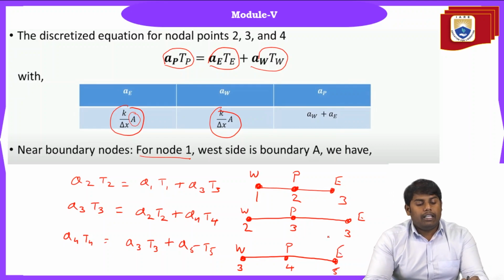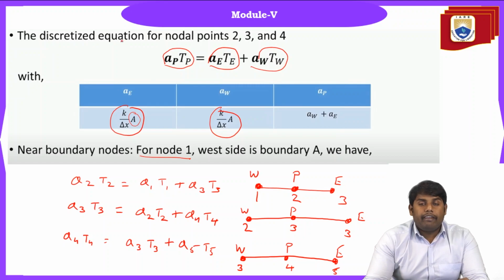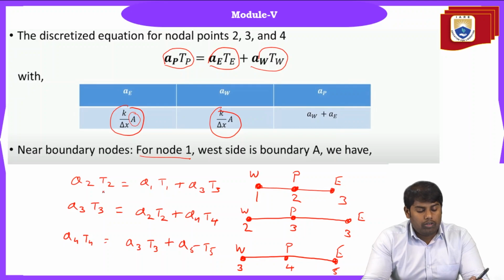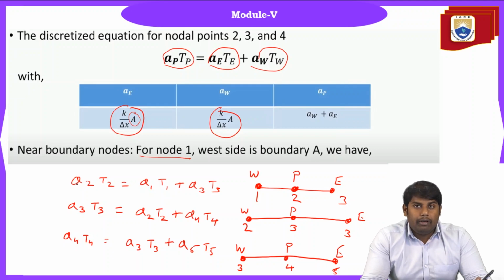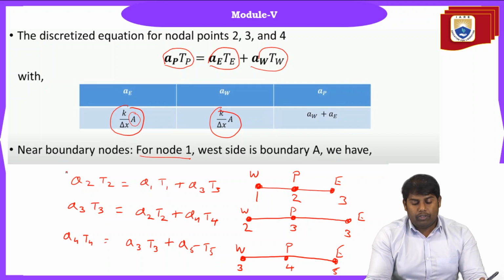So these are the discretized equations for the nodal points 2, 3, 4: A2 T2 is equal to A1 T1 plus A3 T3, A3 T3 is equal to A2 T2 plus A4 T4, and A4 T4 is equal to A3 T3 plus A5 T5. Whatever formulation we have written is for a 1D element using the finite volume formulation.